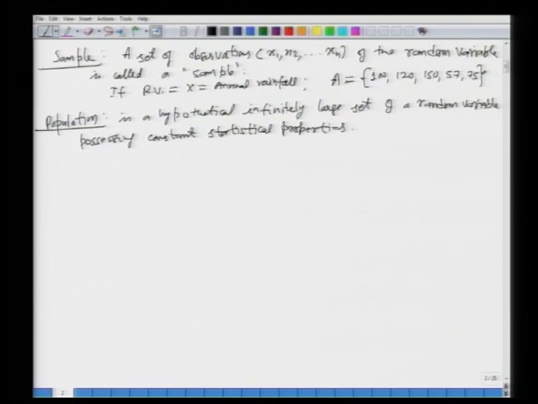This is important, possessing constant statistical properties as far as the population is concerned.